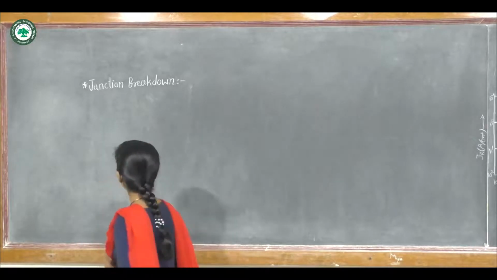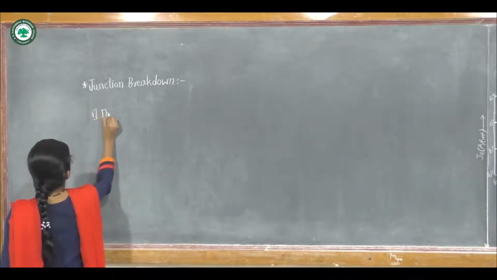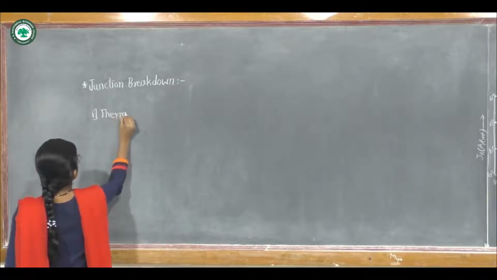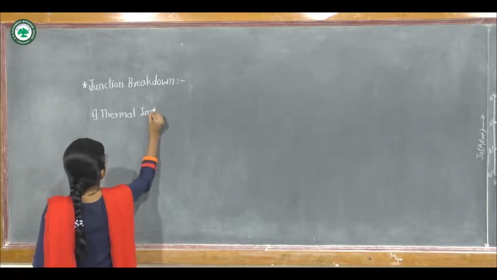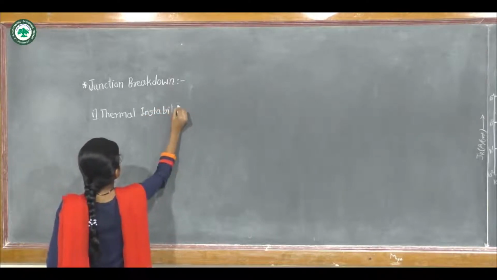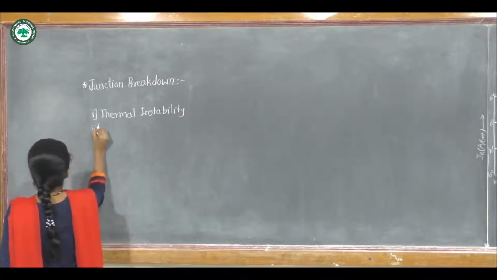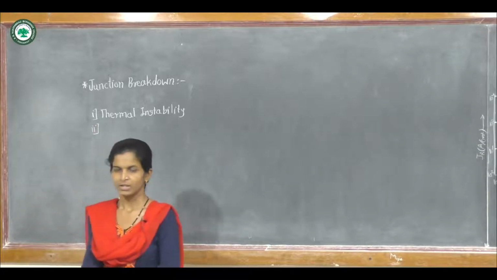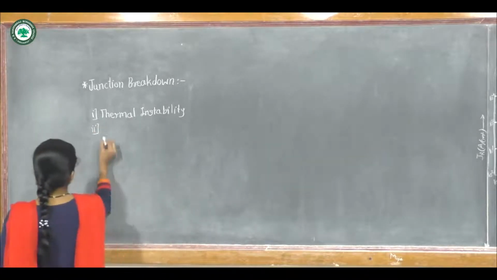First one is thermal instability. The second one is tunneling effect and third one is avalanche multiplication.